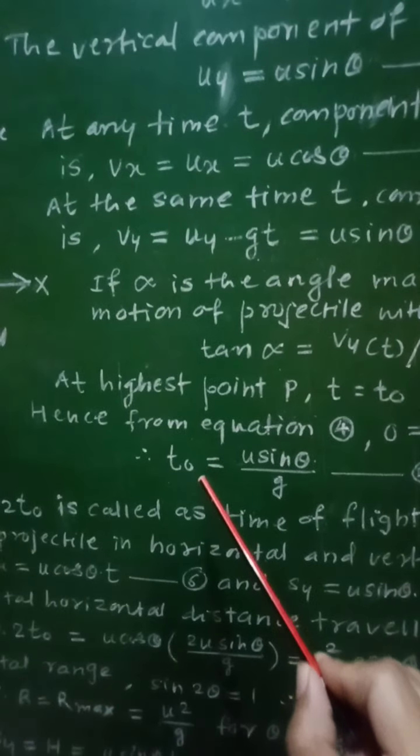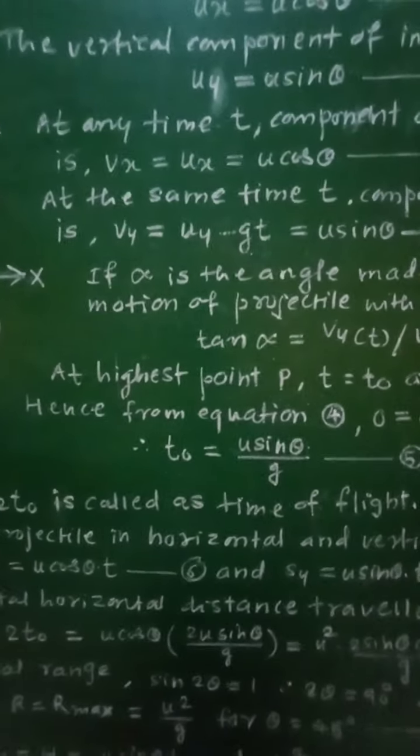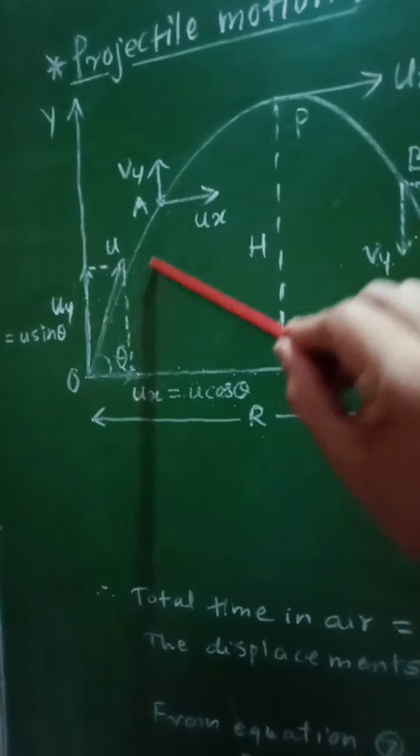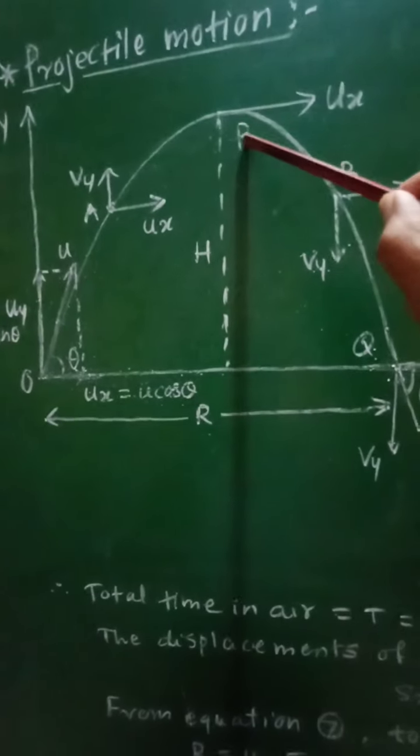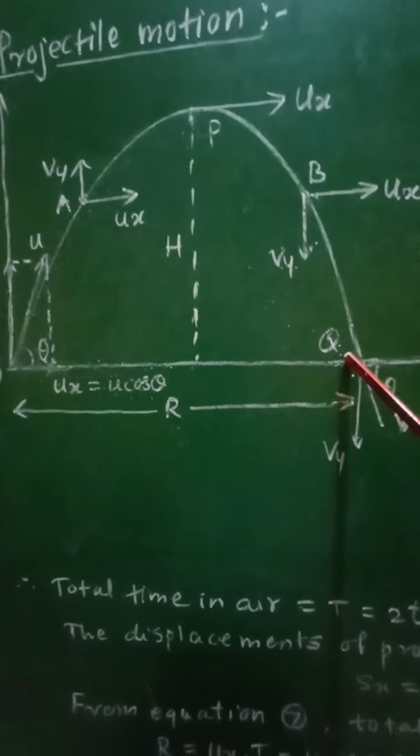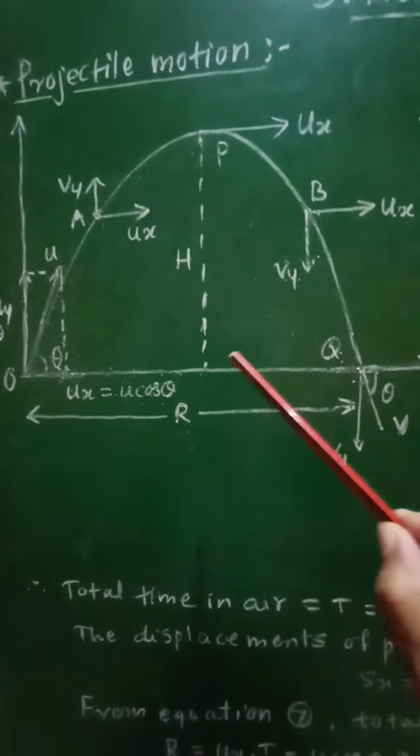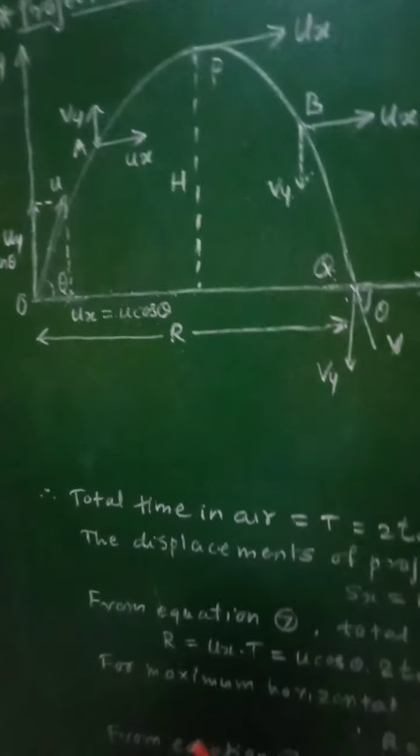And now the total time in air. For this path t0 is the time, and for this path again t0 time will be there due to the symmetry of the trajectory.